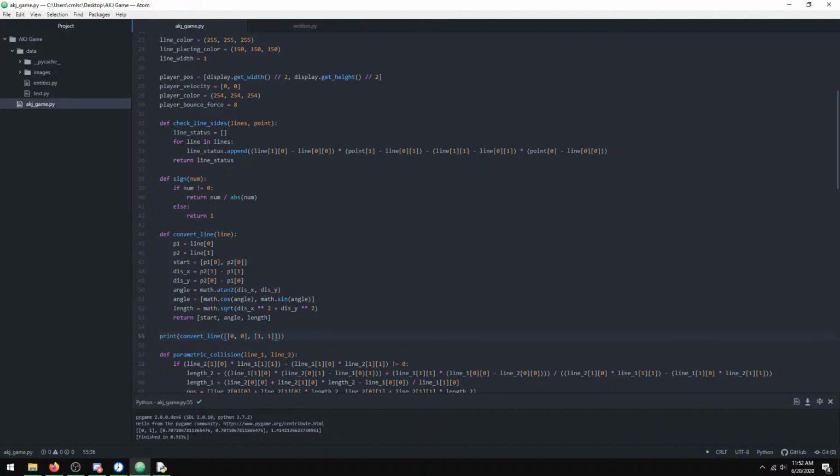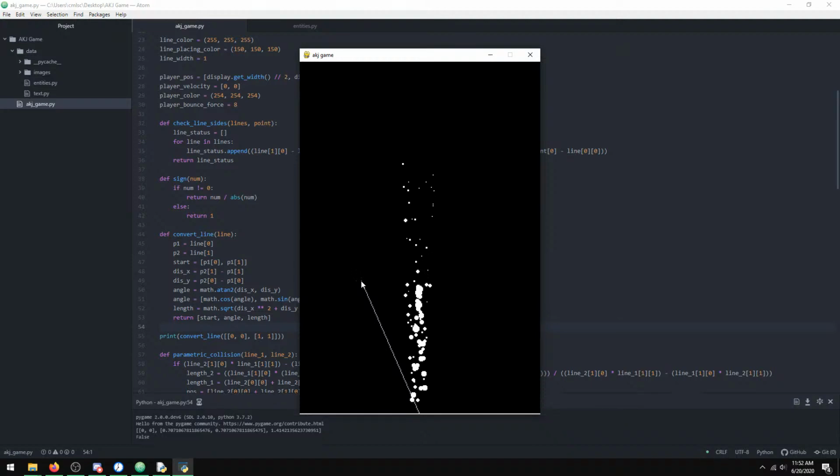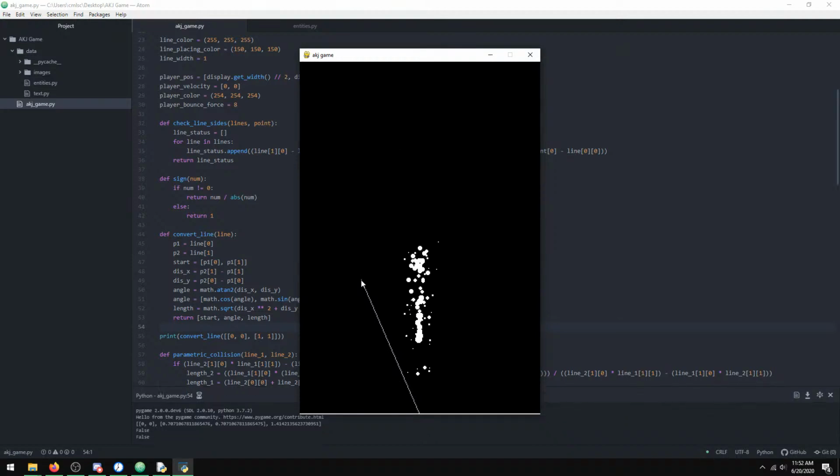Why is the start position? What? Oh, oops. Start position needs to be that. Angle looks good, length looks good. Let's see if, still saying false, come on.